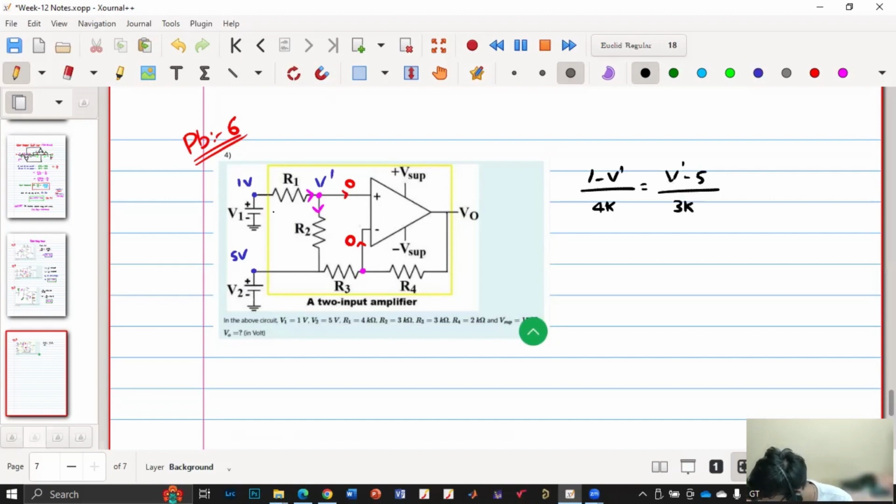So if you do, it will be 3 by 4 minus 3 by 4 V dash is equal to V dash minus 5. So it will be 23 by 4 is equal to 4 plus 3, 7 V dash by 4. So we'll get V dash is equal to 23 by 7, right?